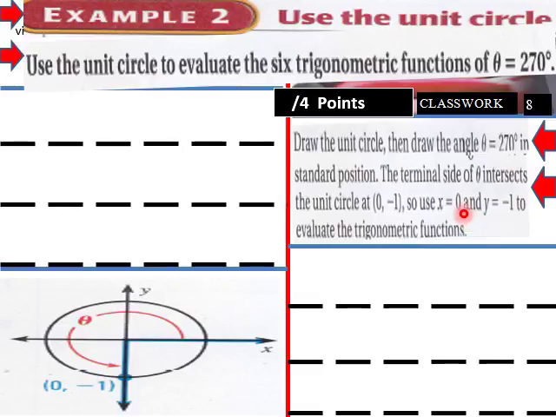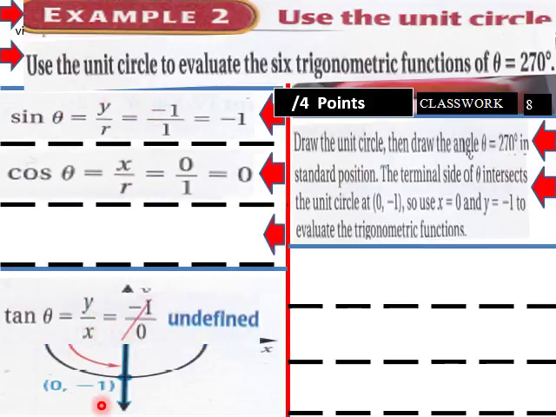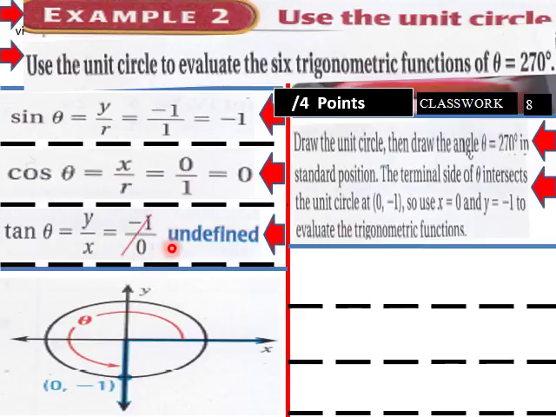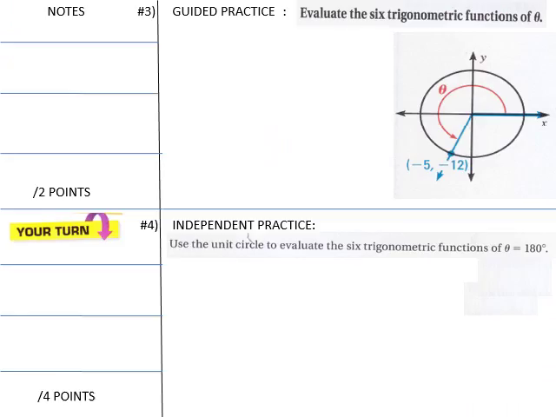So use x equals 0, y equals negative 1 to evaluate the trig functions. Sine theta is negative 1, cosine theta is 0, tan theta is undefined, cosecant theta would be negative 1, secant theta would be undefined, and our cotan would be 0 for this angle theta.